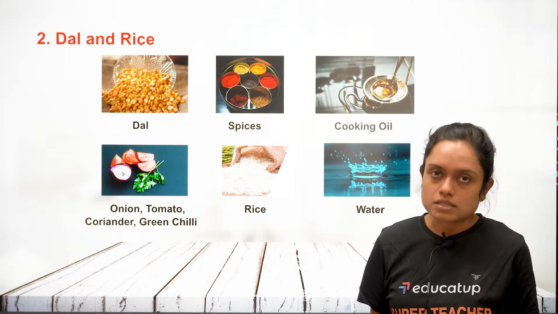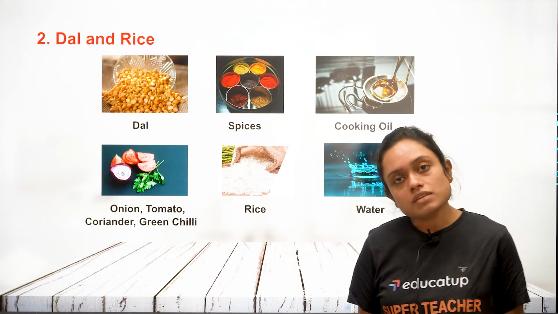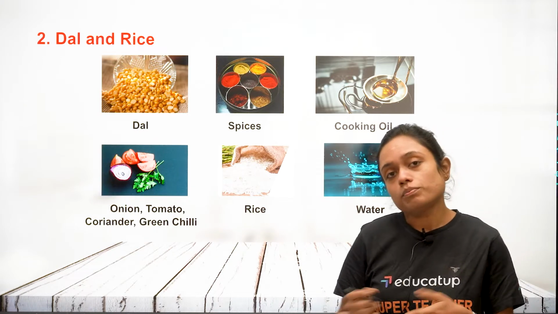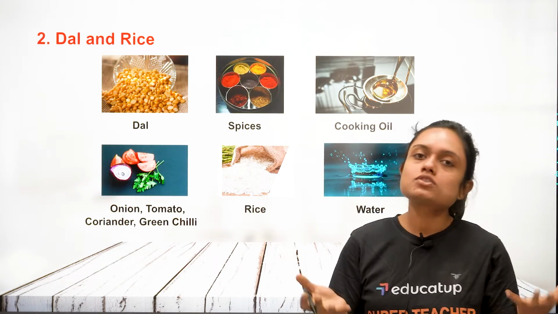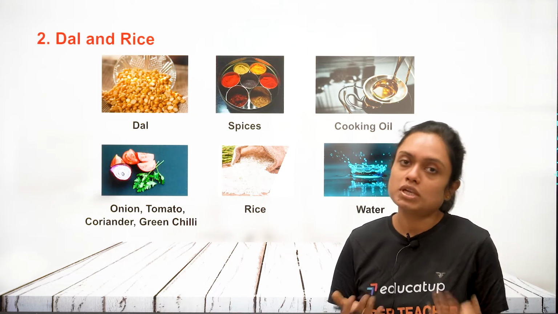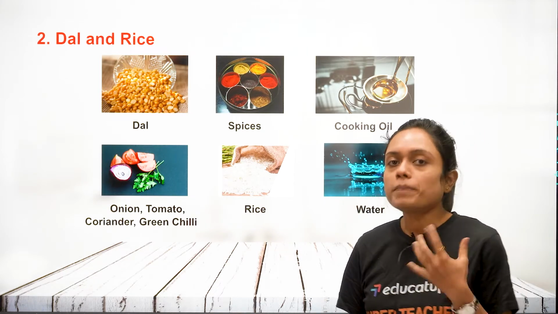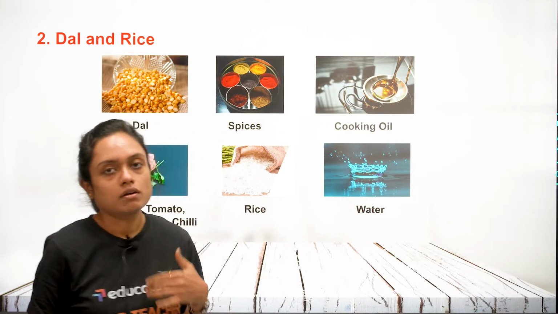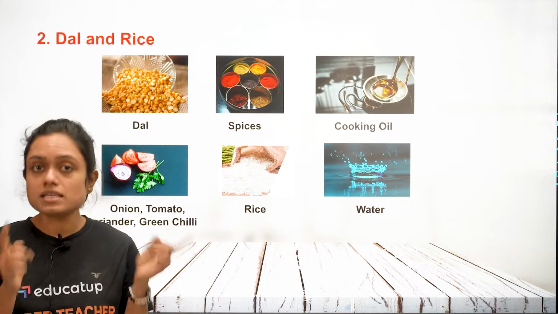So a lot of spices. Then you definitely need rice, चावल चाहिए आपको. So there, and to add a little bit more taste to your dal, you might be adding tomato, onion, green chili, coriander. So basically, to make dal and rice, you are using a few more substances in comparison to a cheese sandwich.